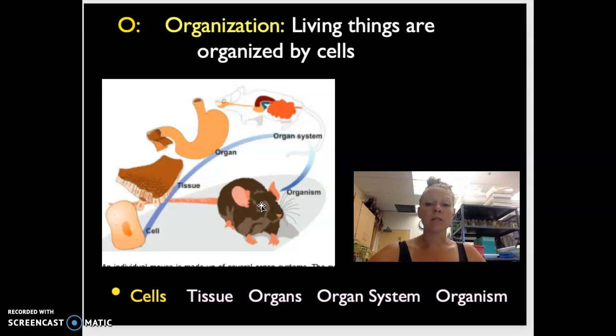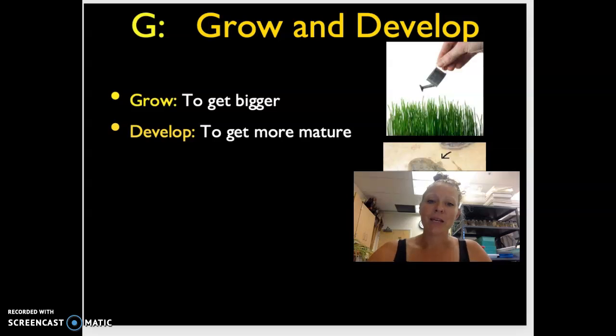All of these systems work together to form a bigger picture, an organism. And so we are organized, and the basis of that organization is cells. All right, we've got 2 down and 2 to go. We're halfway there. The third is G, rare hog.